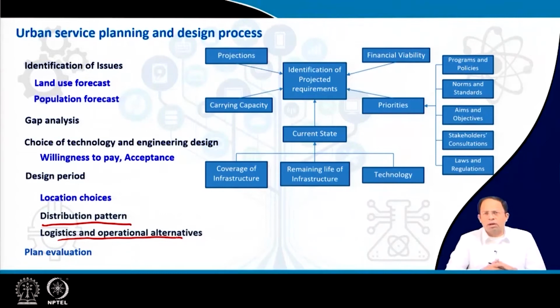It could be a lorry also, or a tractor trailer. So, what is the logistical choice, and what route should this particular vehicle take? This is the logistic part or the operational part, which also needs to be decided. These two are very closely aligned with what kind of service or facility I am providing.